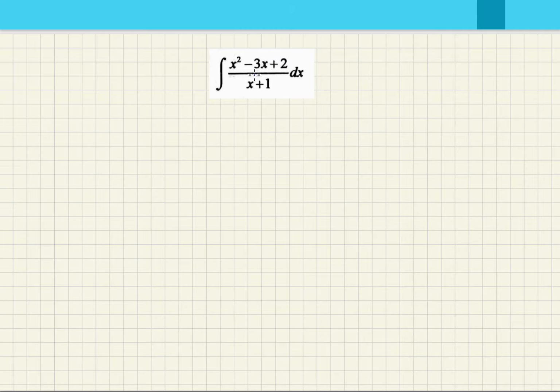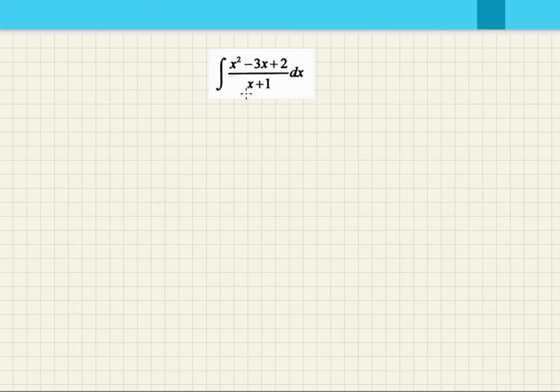In this question, we see it asks us to evaluate x squared minus 3x plus 2, the whole divided by x plus 1. Now, a technique to figure out when to use long division is to look at the degree of the numerator and the degree of the denominator. If the degree of the denominator is less than or equal to the degree of the numerator, you can use long division.